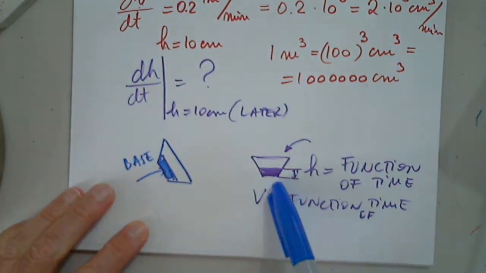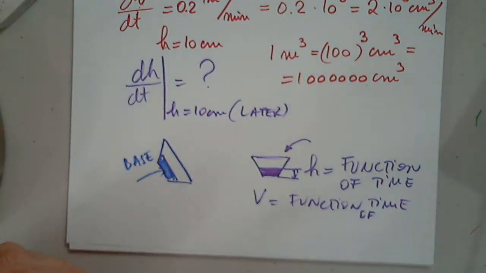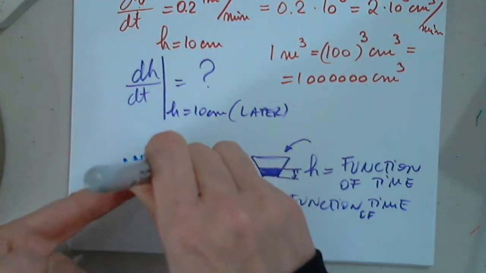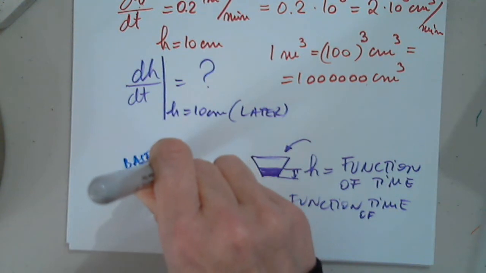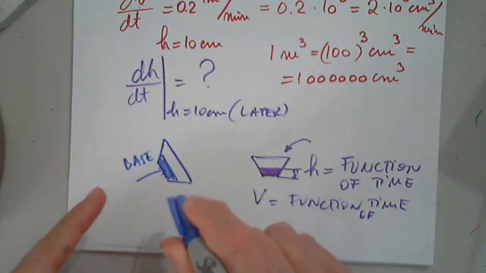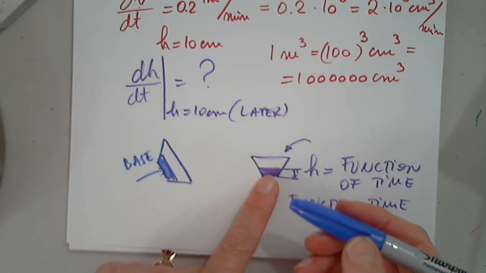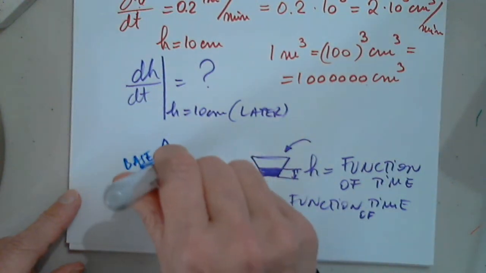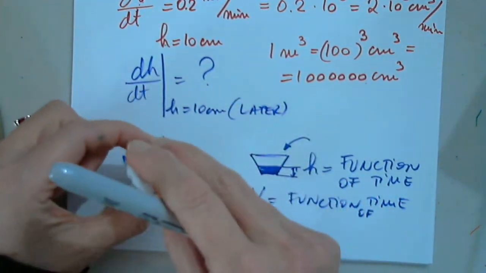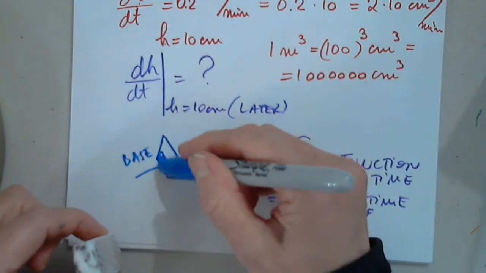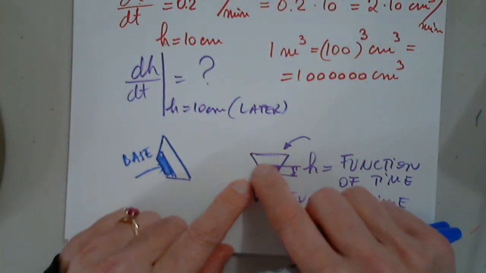So I can determine the water in the trough as the area of the base times the 10-meter height, or 1,000 centimeters height. This is how I have to construct the volume. So to make a long story short, I have to determine this area that you see here.